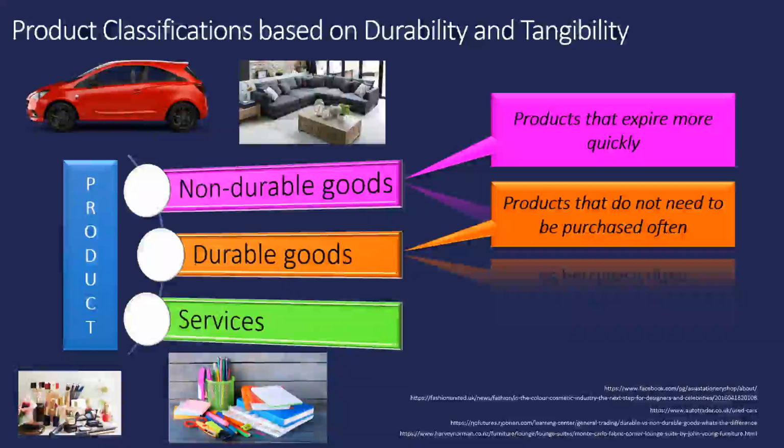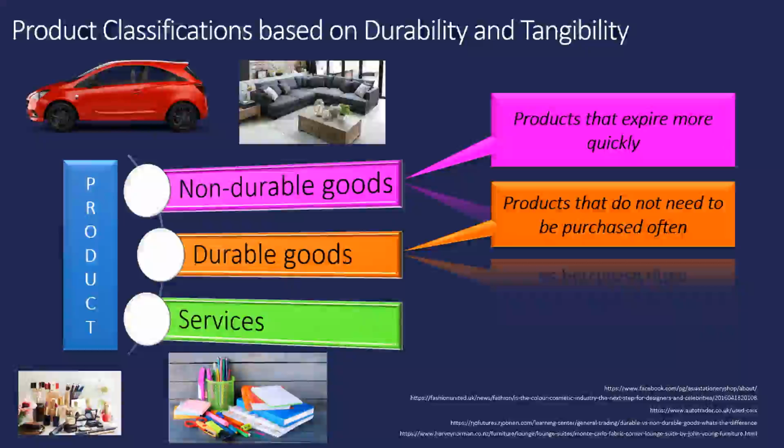Now, are you curious how many years people can say that something belongs to non-durable goods or durable goods? Based on the sources that I have got, we can differentiate them by their age, which is around 3 years.